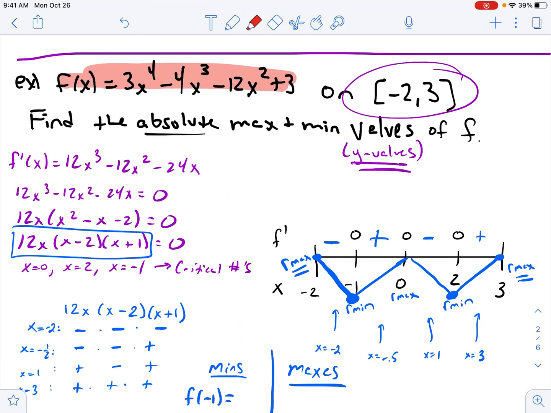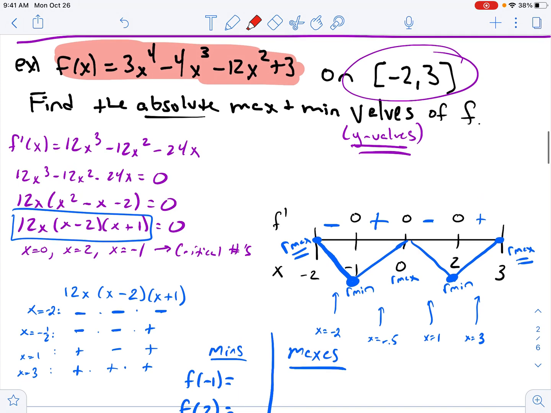So basically, remember, go back to the original function to do this, okay? Those are where the first derivative is 0. But to get the actual y values, we got to go back to the original function, okay? And don't work too hard to do that. Feel free to use a calculator by all means. That's certainly what I'm about to do here. So give me just a sec.